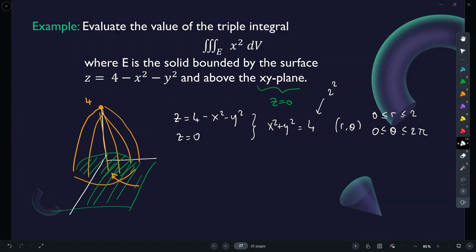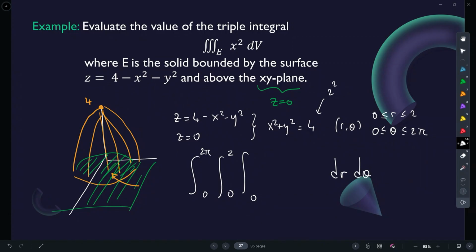So what I'm trying to integrate then is going to be, remember in polar, we started with d theta between 0 and 2 pi. The radius is going between 0 and 2, so that's my dr. The z values are going between 0 and what? I don't want to write x and y's anymore.